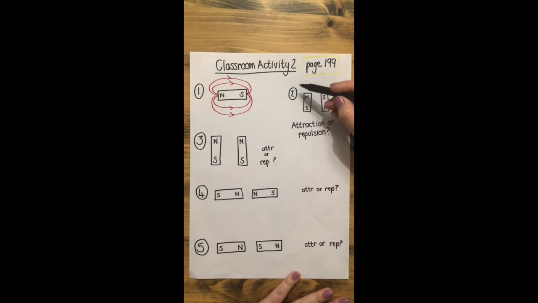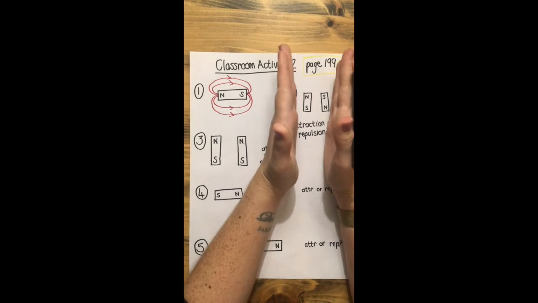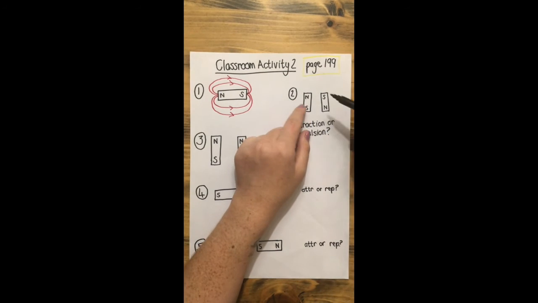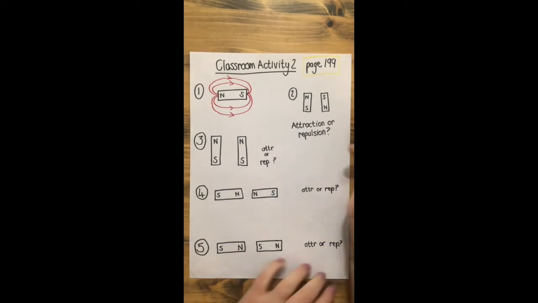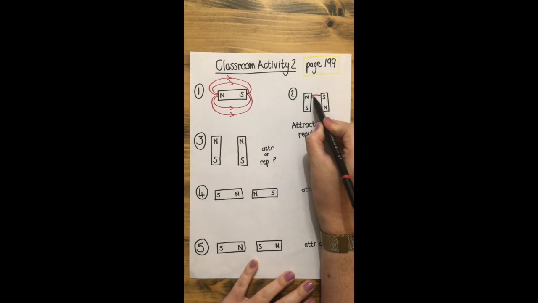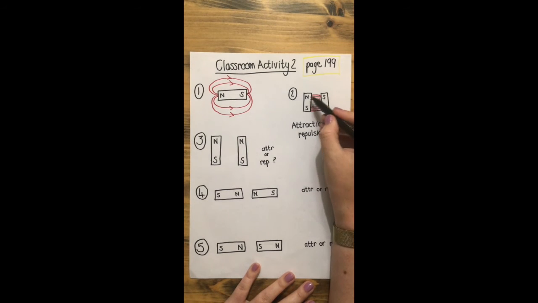When we are looking at number 2, you can see that we have unlike poles next to each other. So what you should be thinking, unlike poles attract. So your north and south are going to attract each other, and this north and south are going to attract each other. Which way do we point our arrows? Is it the same both ways?